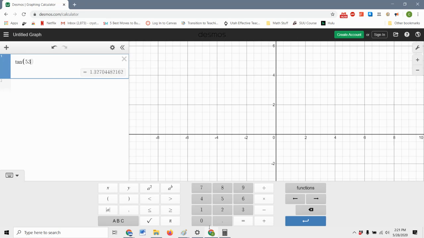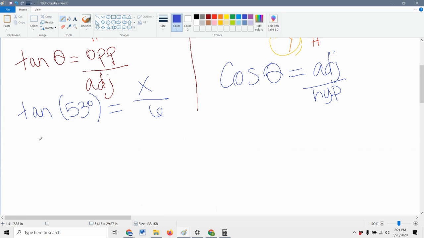Here we've got 1.32, but the third spot is a 7. It's 5 or above, so I'm going to bump that 2, and that'll give me 1.33 for the tangent of 53 degrees. Sorry about that, guys. The tangent of 53 degrees is 1.33.